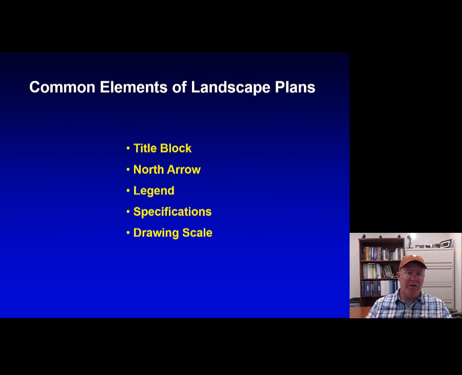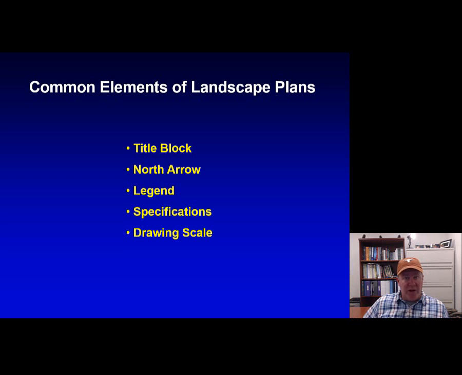Some common elements of landscape plans. You're going to have the title block, and that could be at the bottom of the drawing. It could be on the side of the drawing. It just depends. It could be on the shorter side, or at the very bottom. That just depends on the designer.